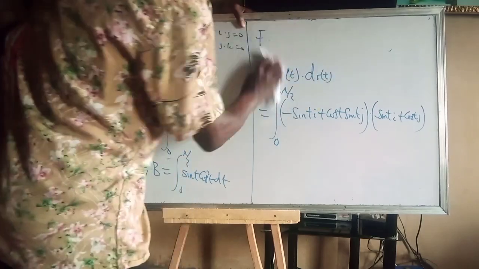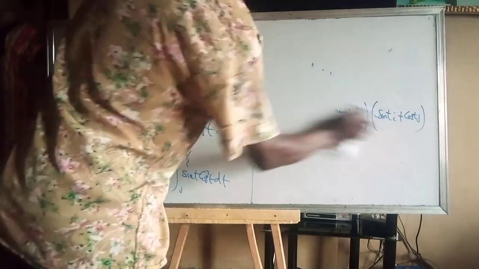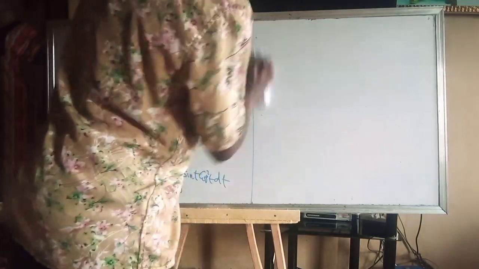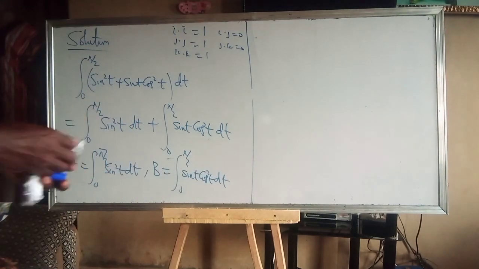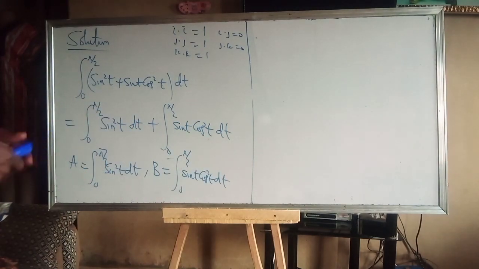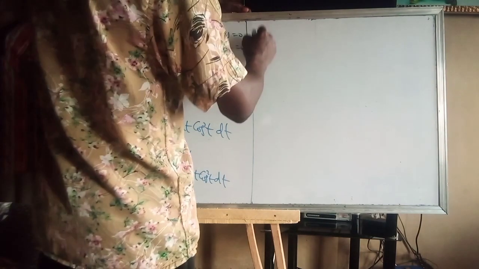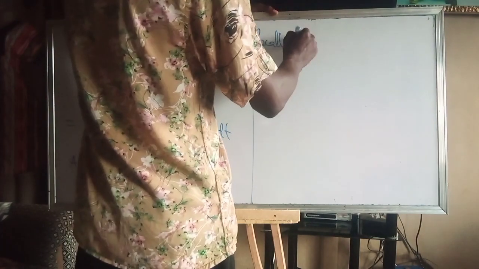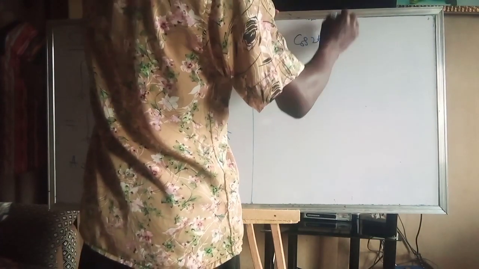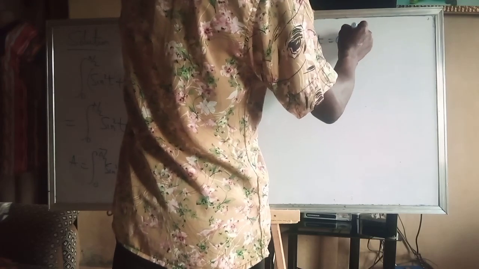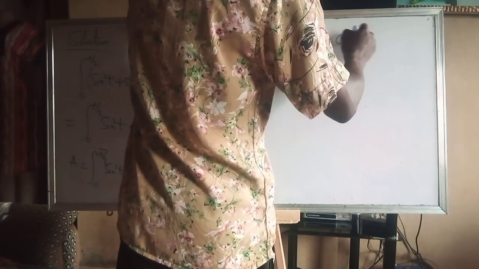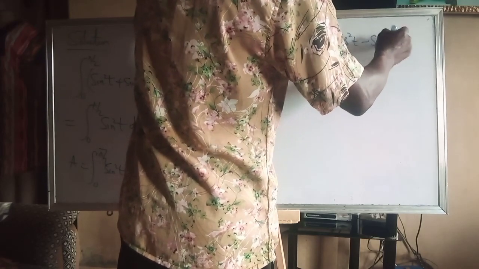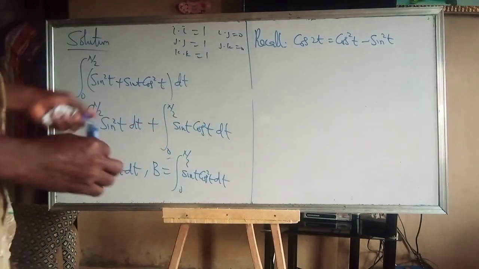Okay, what next now? Let's integrate the first one. Now we recall from our trigonometry that cos 2t is equal to cos square t minus sine square t. I hope you can still remember that.